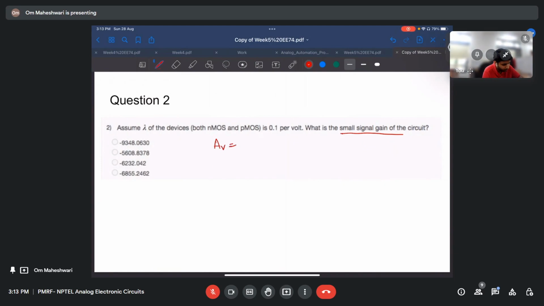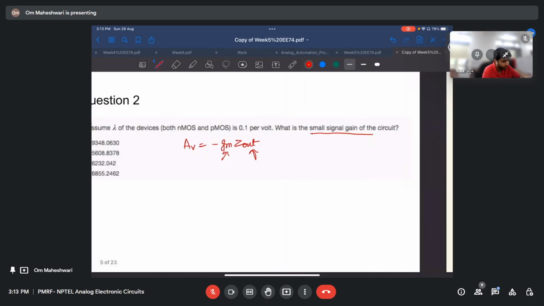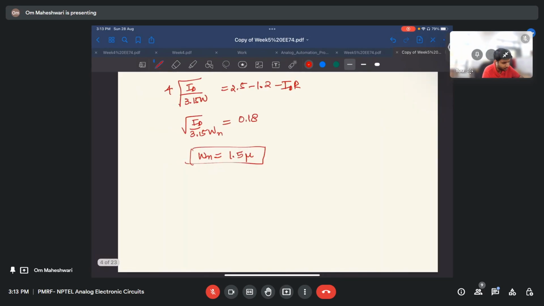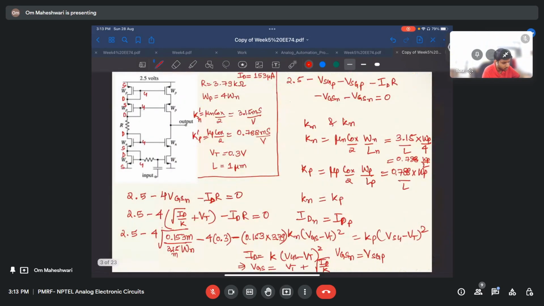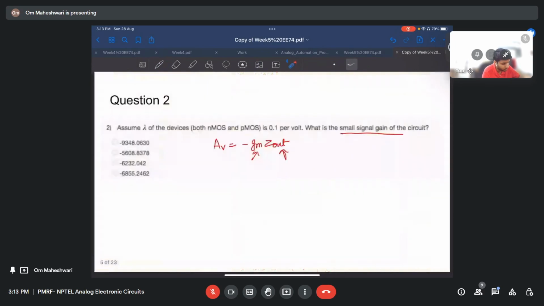AV is minus GM into Z out, right? So we will try to find both GM and Z out, then we can find the gain. It is the easier way, else you would need to solve all the equations for all these MOSFETs. That is not required. So we'll just take this shortcut and find GM and Z out.